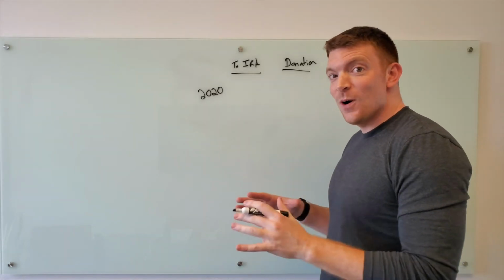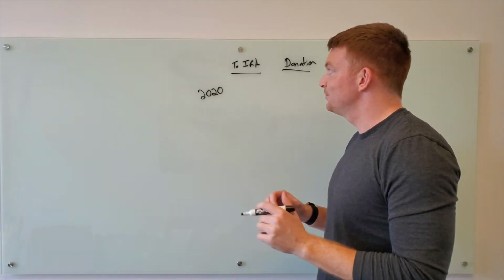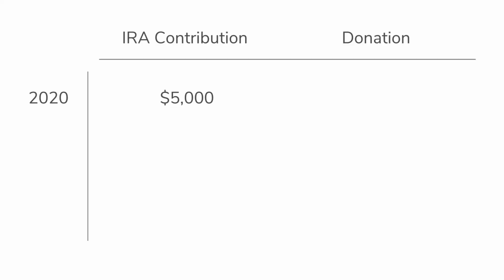So now let's walk through a more complicated example. Let's say a donor makes a $5K contribution to her IRA in 2020 and a $0 donation, no donation at all, in 2020.